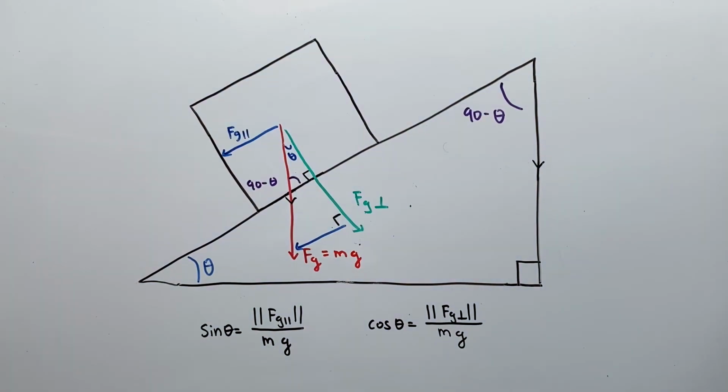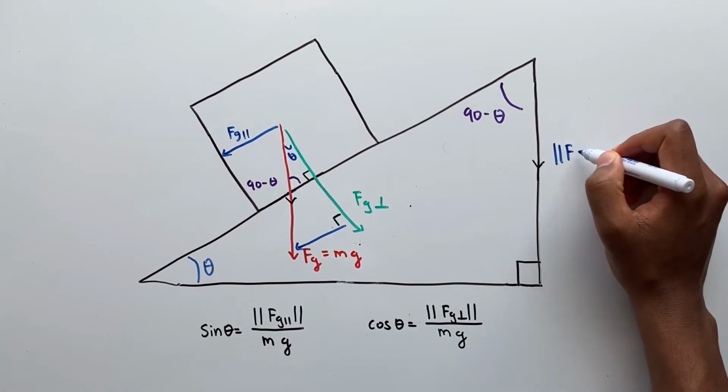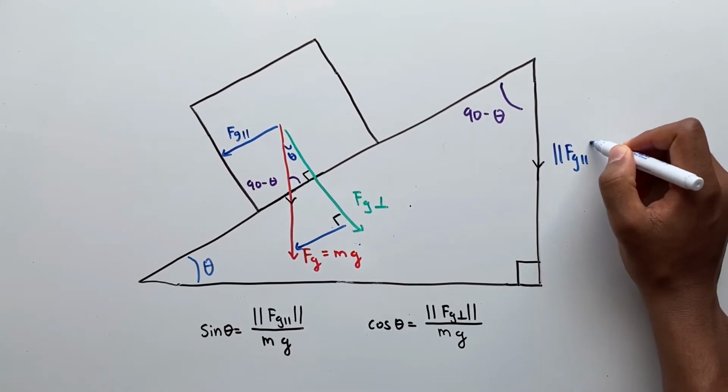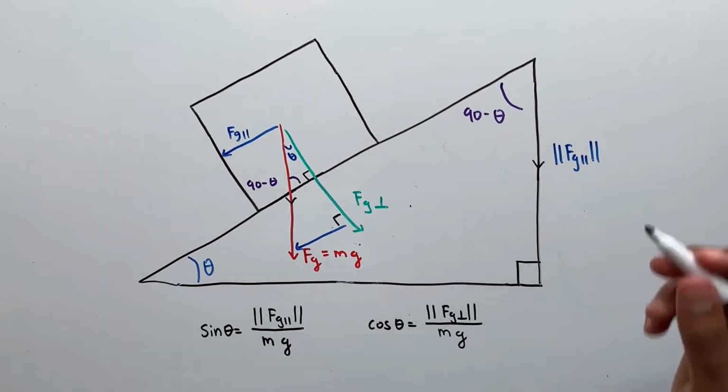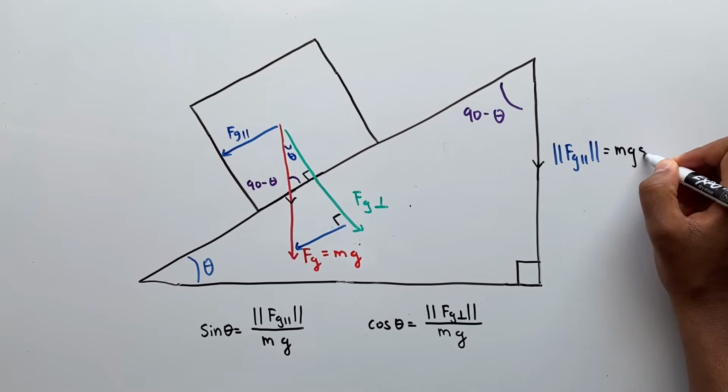And we can multiply each side by the mass of the object times the gravity to get that the magnitude of the force of gravity that is parallel to the surface equals the mass of the object times gravity times sine of theta.